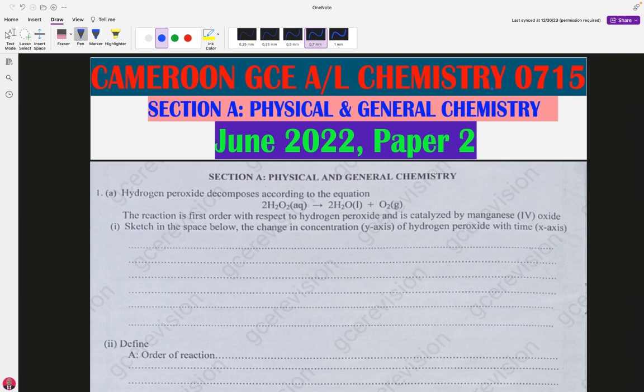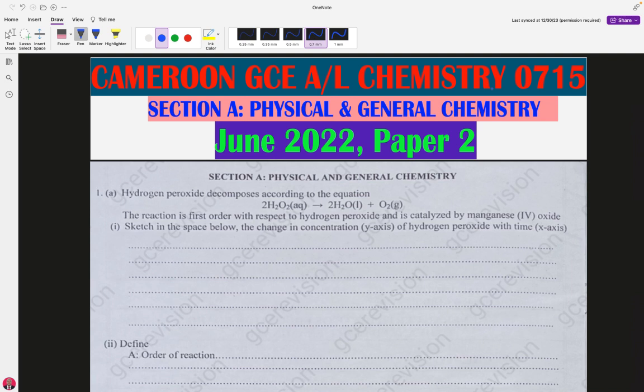Here, what you can do is, now that you are in the laboratory, you are trying to see the decomposition of hydrogen peroxide catalyzed by manganese(IV) oxide. You are dealing with the concentration of hydrogen peroxide.